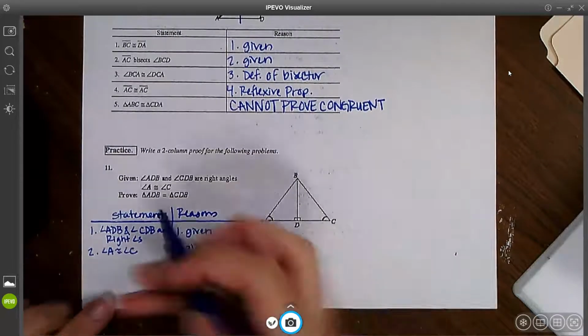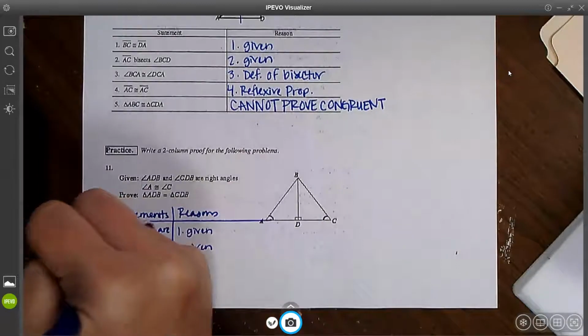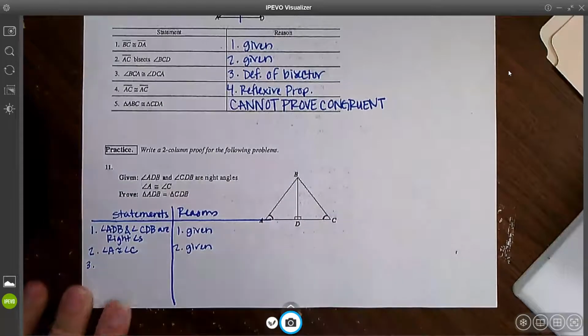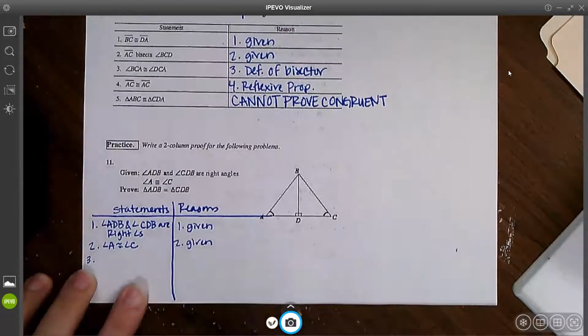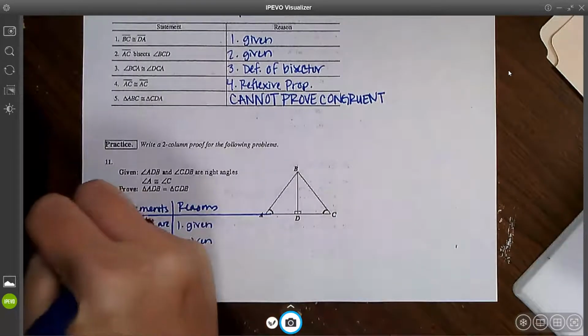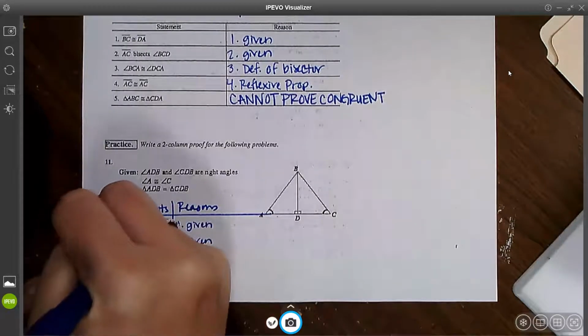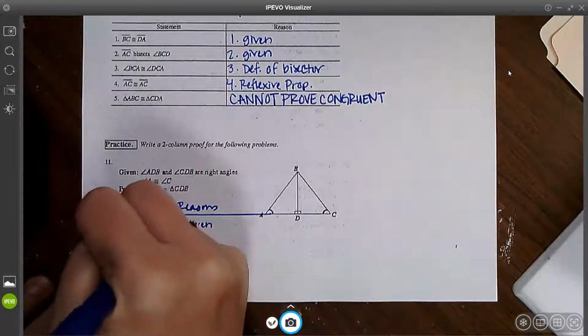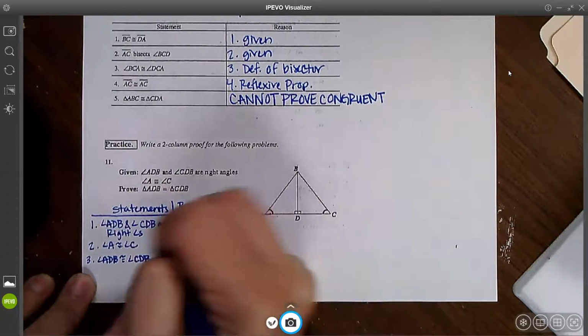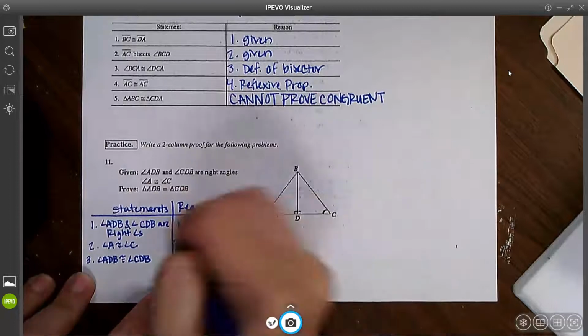We can say, because those are both right angles, and this might seem redundant, this would probably be a step that most of you would skip, but don't skip this step, that angle ADB is congruent to angle CDB, and we know that because all right angles are congruent.